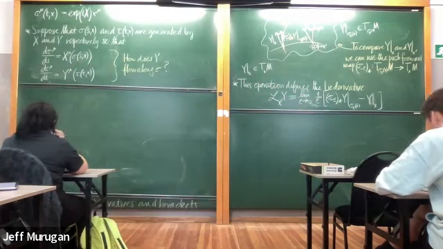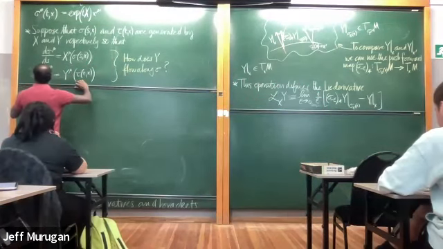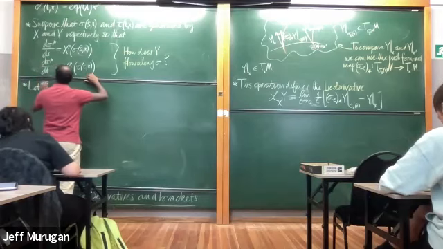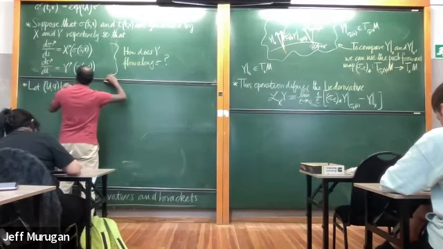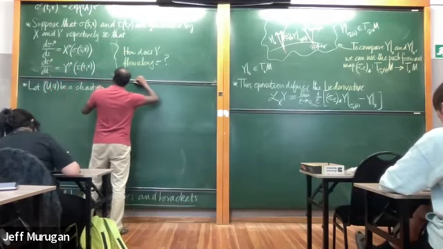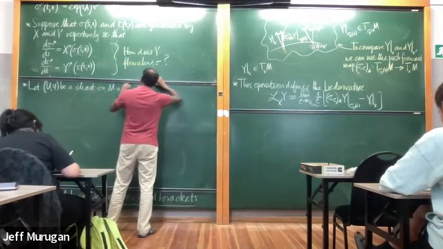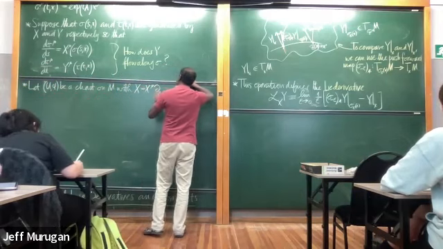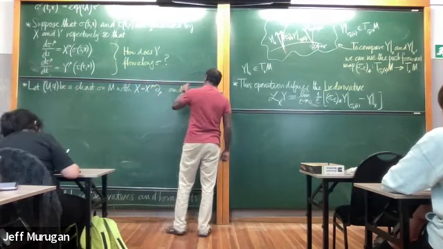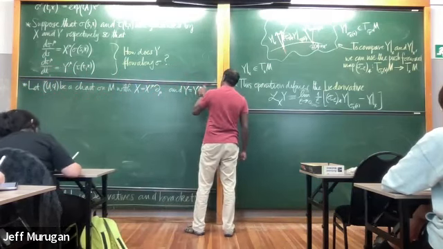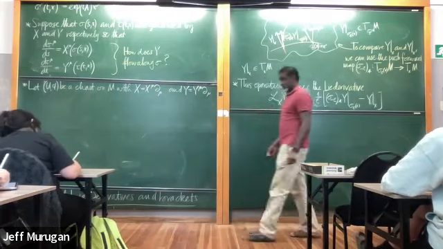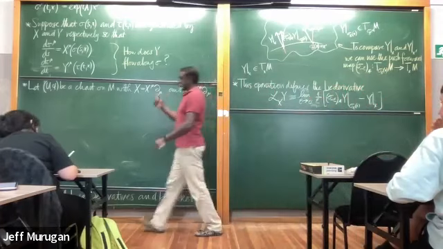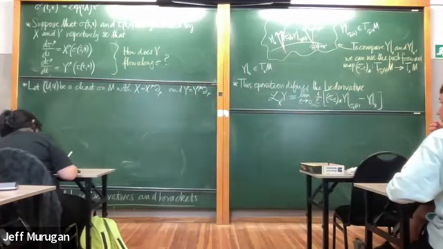Okay, so suppose I have some chart on M. And in this chart, write x as x^mu d_mu, and y as y^mu d_mu. This allows me to write down these vectors in terms of their components and basis vectors in that chart.